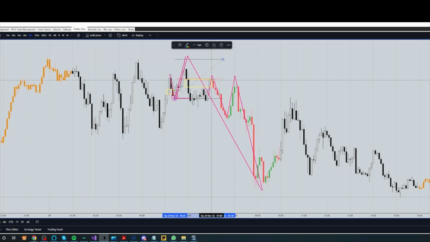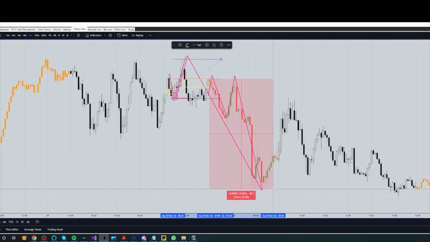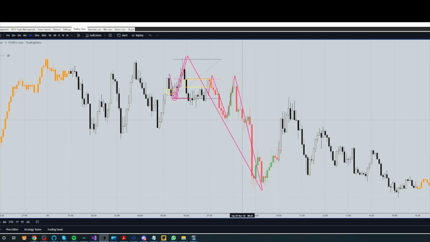So from this entry point, 5 pips would be here, 10 pips towards the high that we've got. So if we did our 5 pip stop, it's about 60 pips. That's about a 22 to 1 trade there. So you can see how that could possibly be a really good trading day.